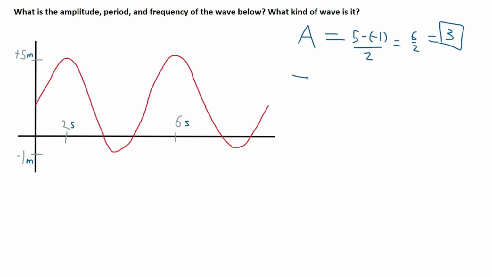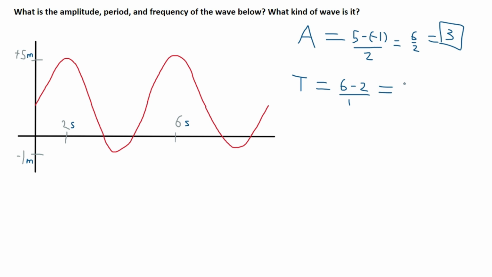Now, for the period, we can see it completes one full cycle or oscillation between 2 seconds and 6 seconds. So we have 6 seconds minus 2 seconds divided by 1 cycle.